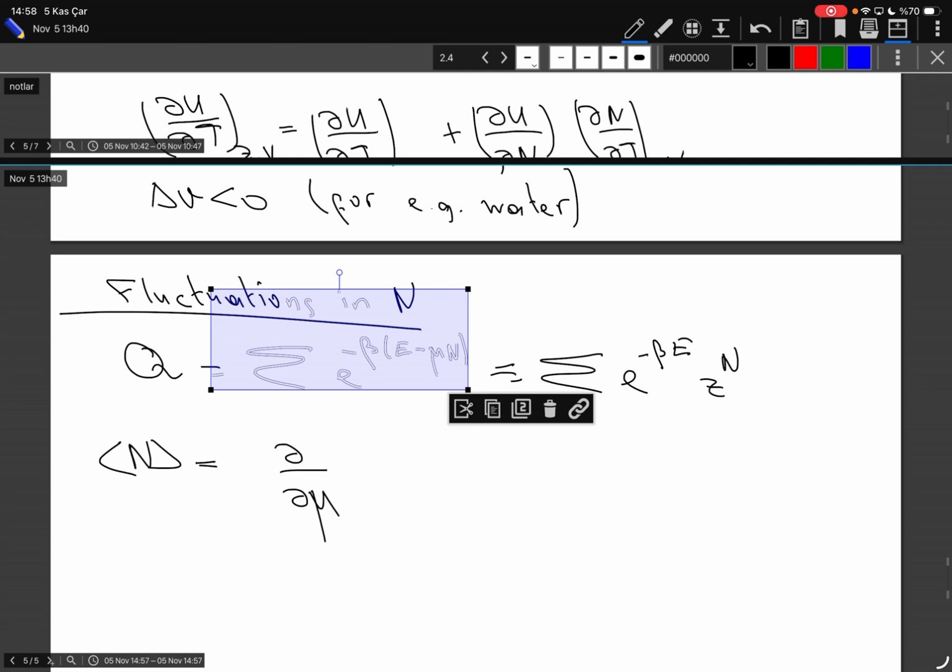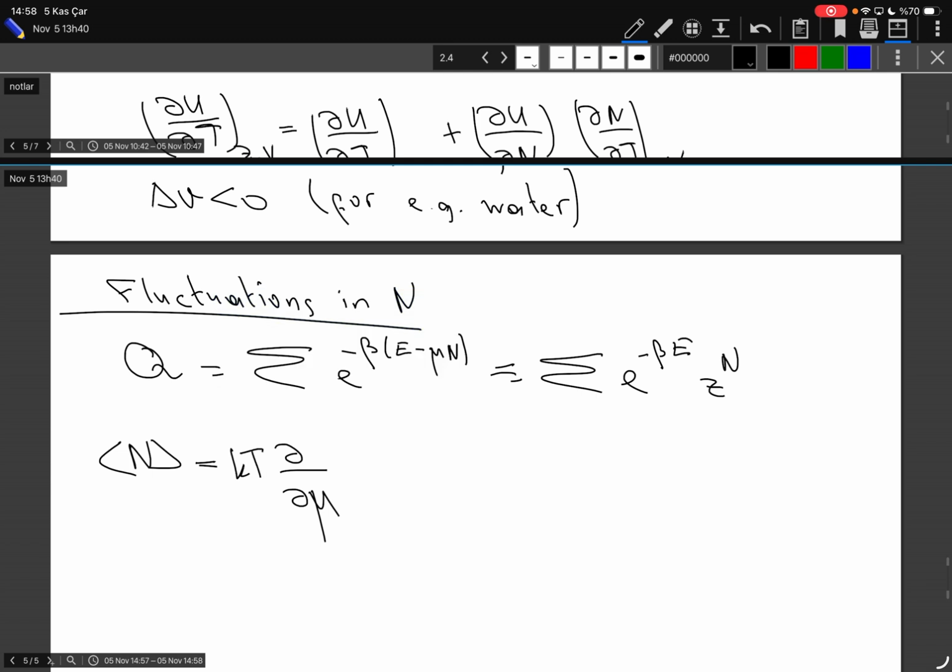I just want an N, not the beta, so let me multiply by kT, of the logarithm of Q. I'm taking this derivative with respect to mu, keeping T or beta constant and also the volume constant. This is the average number of particles.